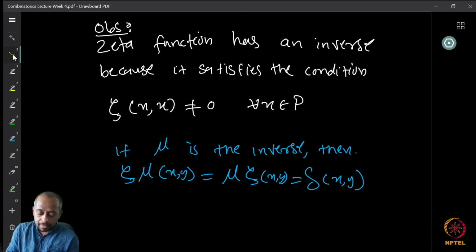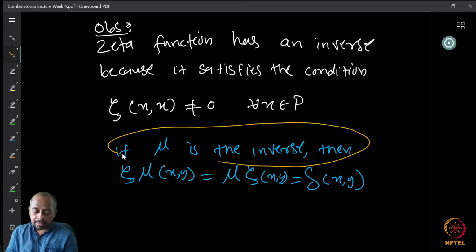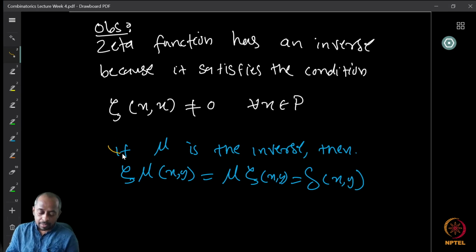We define the inverse of the zeta function and call it mu. By the definition of inverse, zeta mu of x comma y is equal to mu zeta of x comma y, which is equal to delta of x comma y. So delta is the identity.